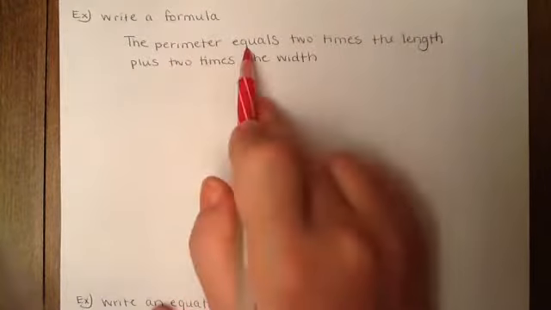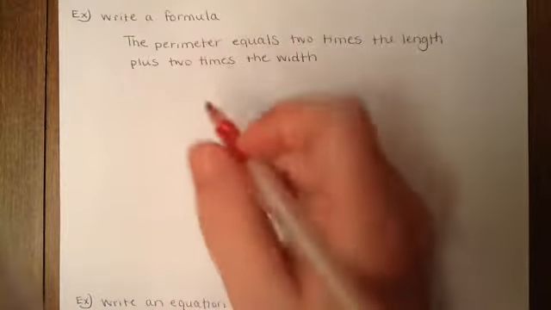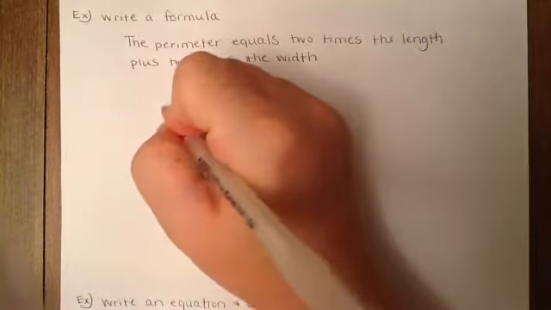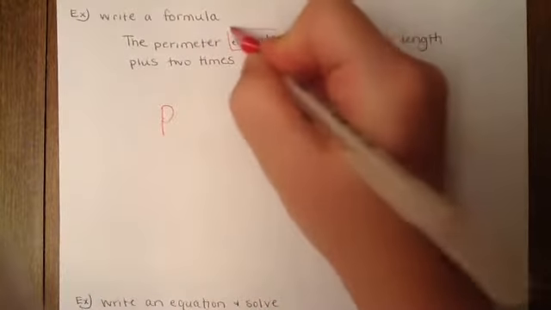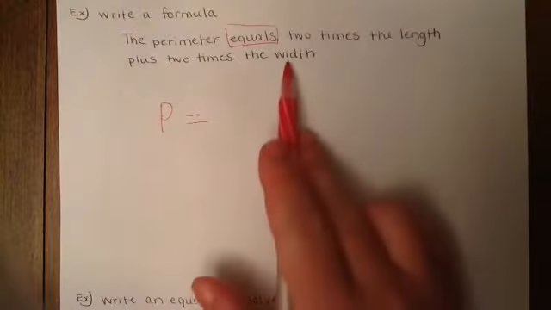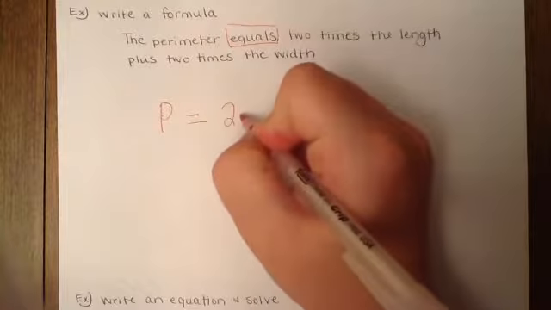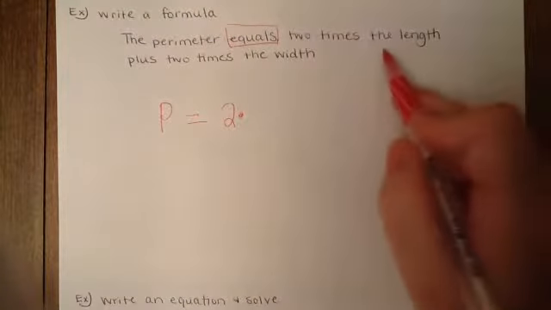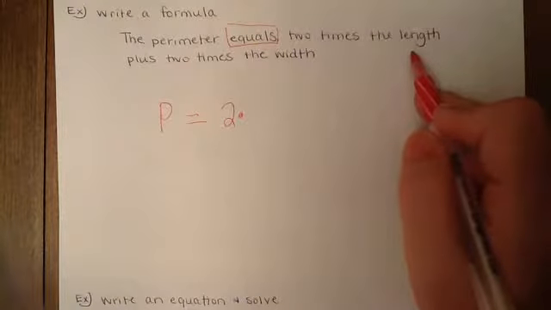The perimeter equals. Do we know what the perimeter is? No, so what are we going to put there? A variable. Equals is going to be an equal sign. So the perimeter equals, let's continue, 2 times, so what operation? Multiplication. The length, 2 times the length. Do I know the length?